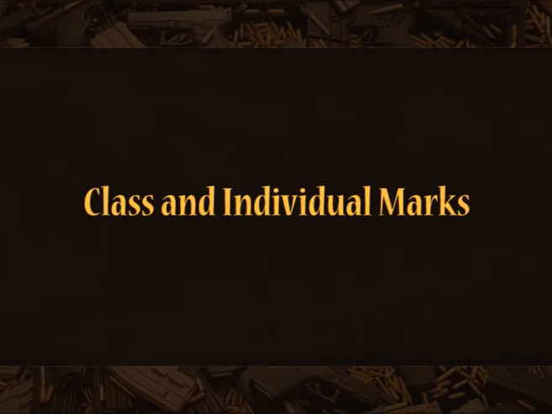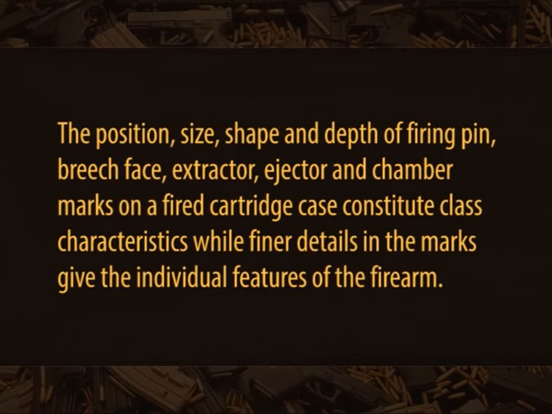Now, there are two types of characteristics, that is, class and individual characteristics or marks. The position, size, shape and depth of firing pin, breech face, extractor, ejector and chamber marks on a fired cartridge case constitute class characteristics, while the finer details in the marks give the individual features of the firearm.